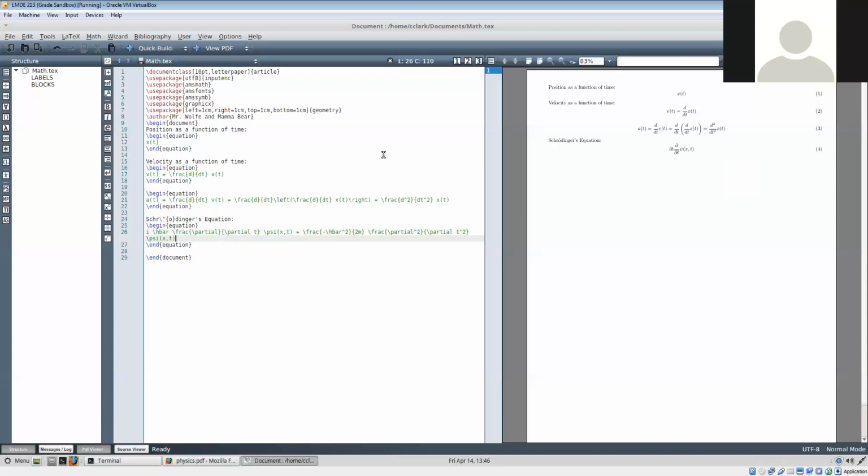This would be the free particle. And then if I wanted to add a potential, I would do a plus V of x times psi of x and t.